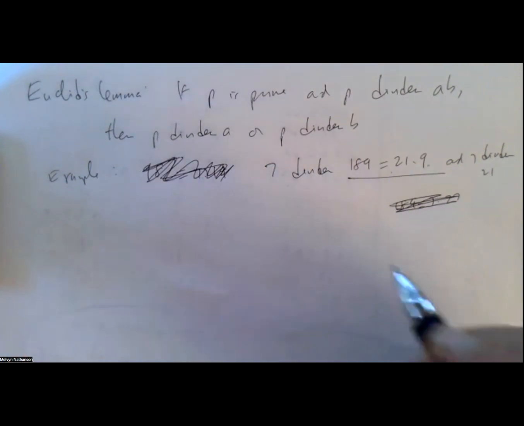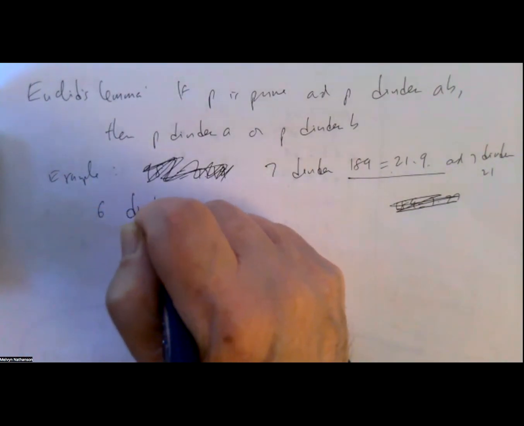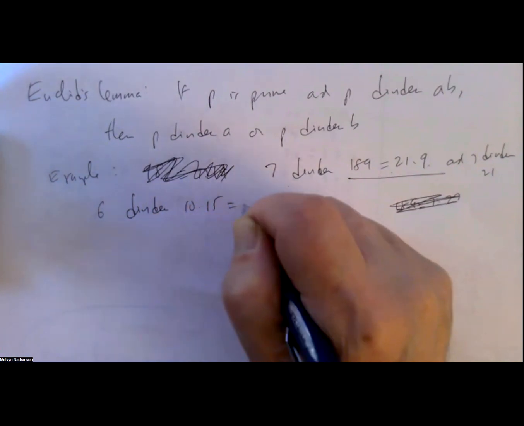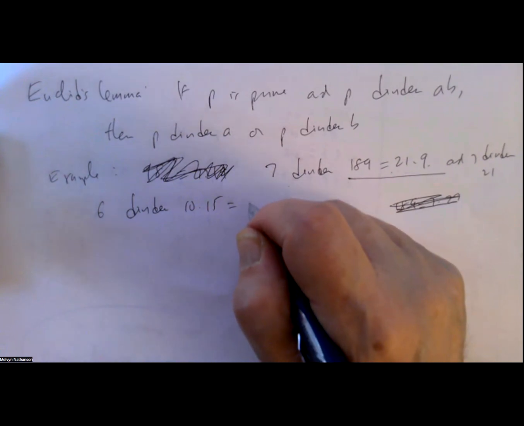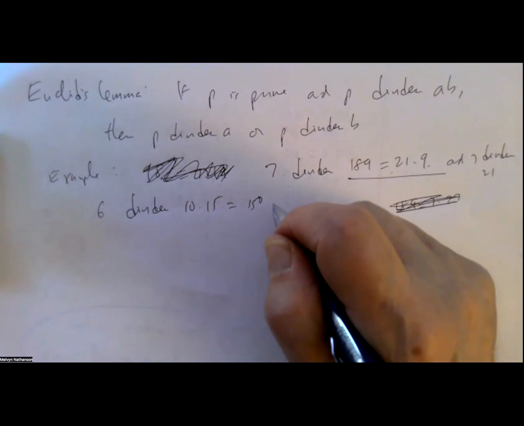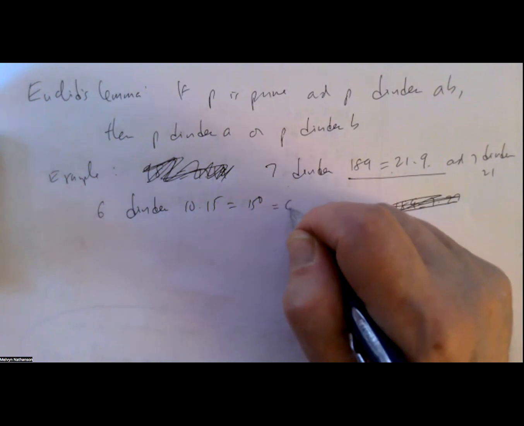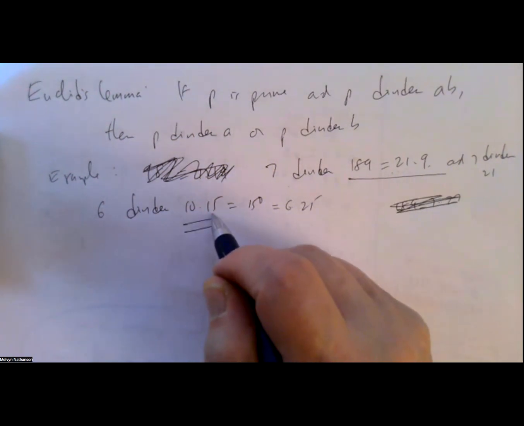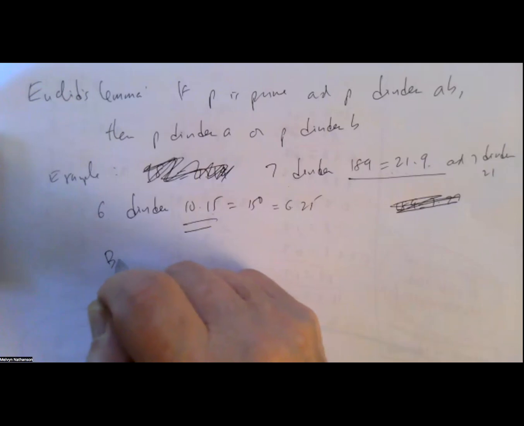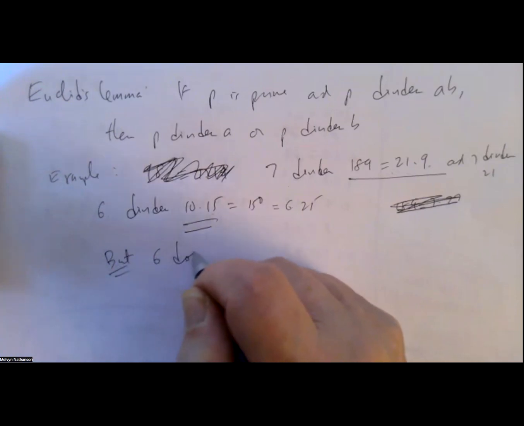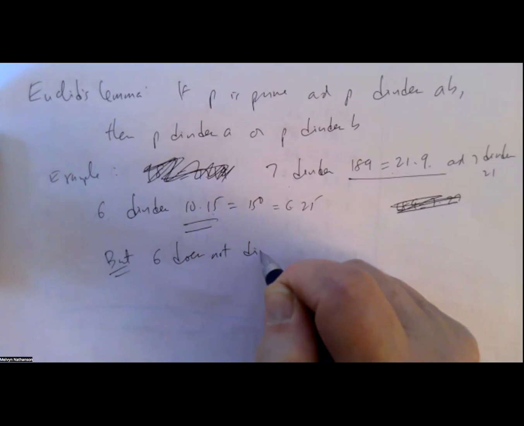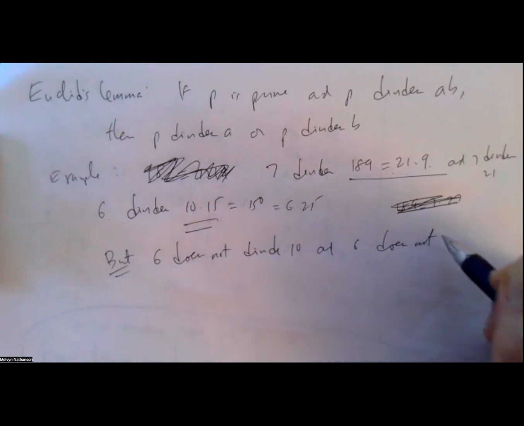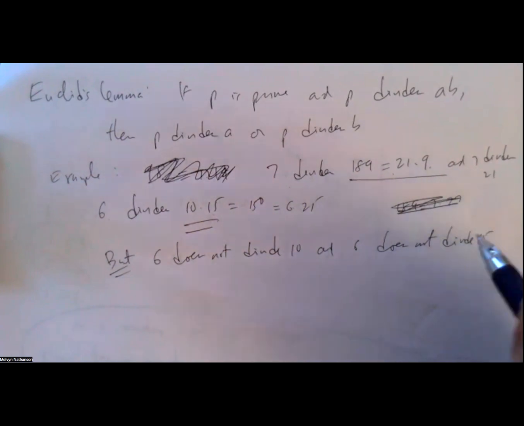Suppose a number is not prime. Let's see, 6 divides 10 times 15, which is 150. 6 into 150 is 25, right? So 6 divides 10 times 15, but 6 does not divide 10, and 6 does not divide 15.